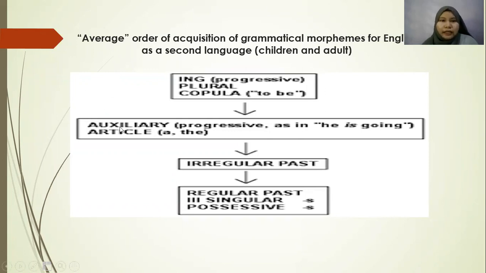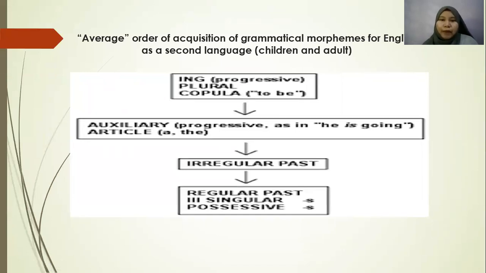And then the second is the auxiliary progressive, as in he is going. And then the article a and the article the. And then the next is the irregular past tense form of the verb.